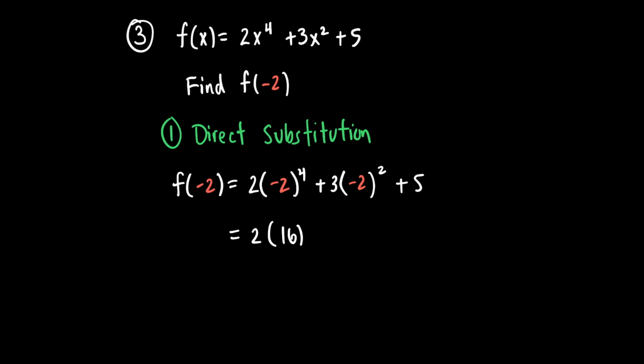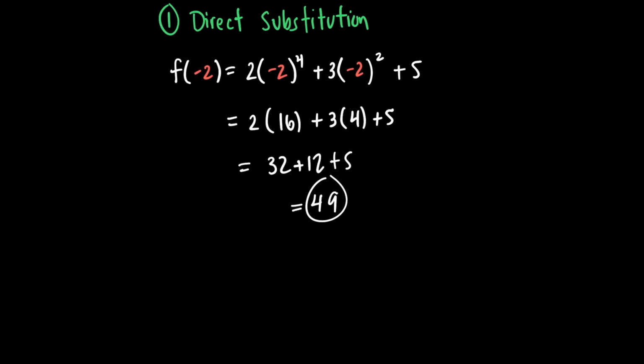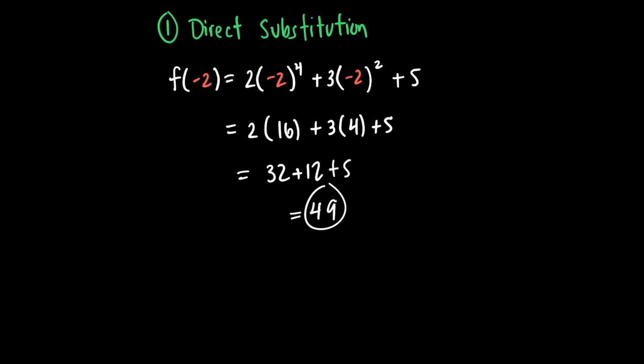So 2 times 16 plus 3 times negative 2 squared, which is positive 4, plus 5. That's 32 plus 12 plus 5, which is 49. So direct substitution tells us that our result is 49.